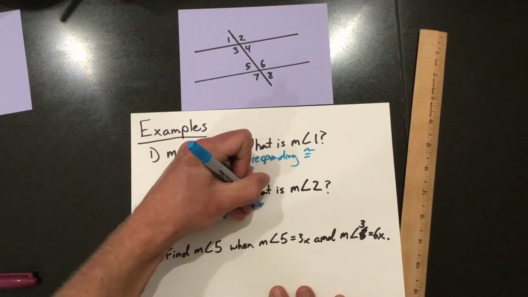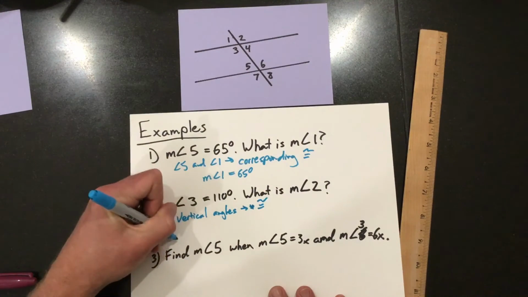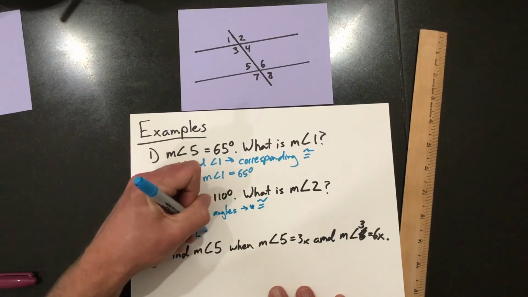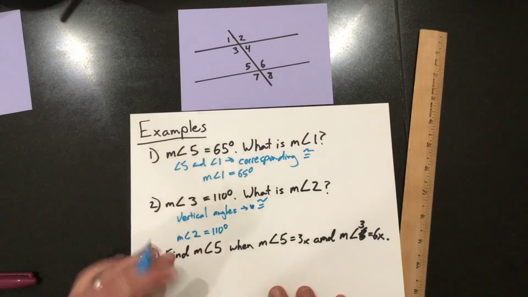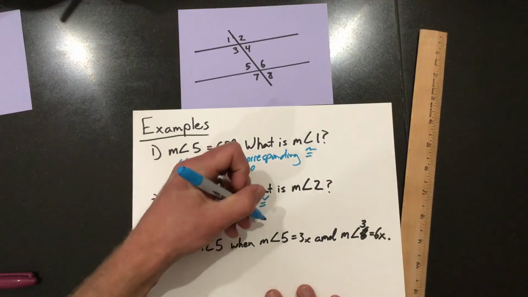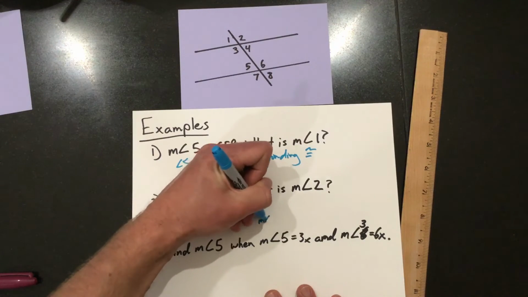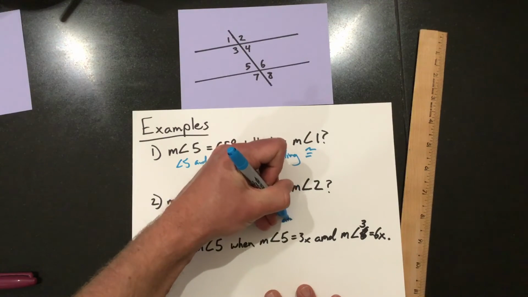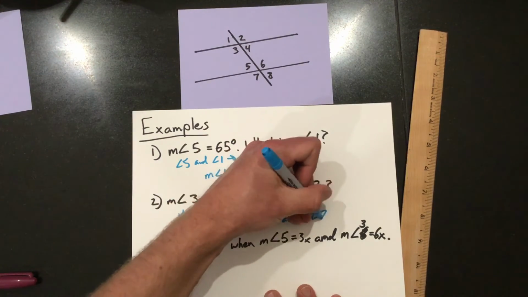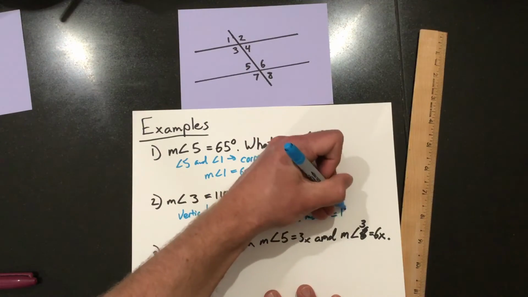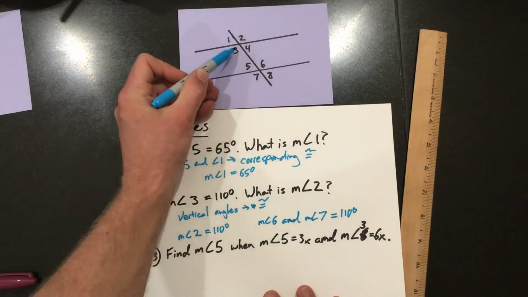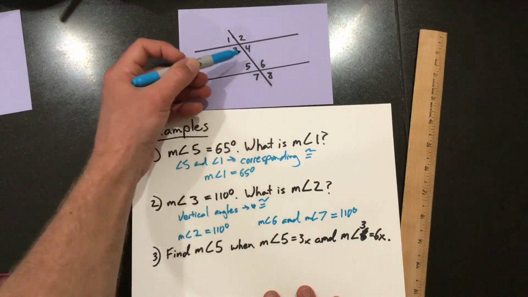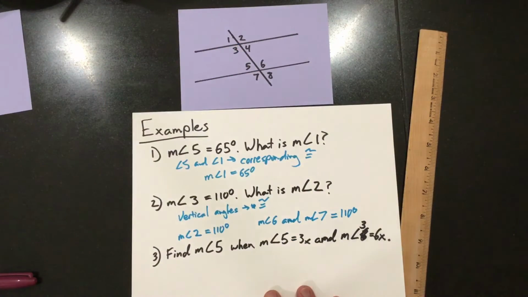Oops, that's how I do congruent. This is how I do it. And so therefore, the measure of angle 2 equals 110 degrees. Likewise, we could also say that the measure of angle 6 and the measure of angle 7 are also going to be equal to 110 degrees because of alternate interior angles and corresponding angles.